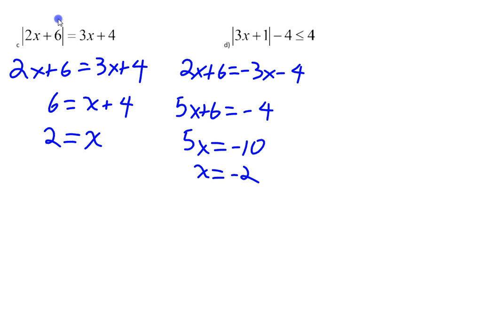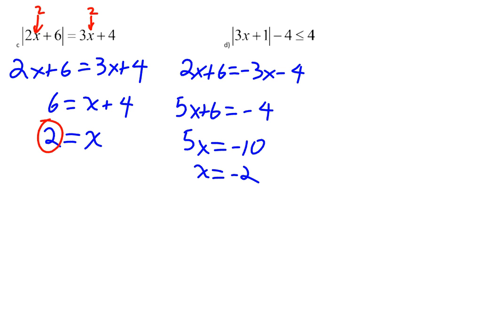Folks, be careful. I need to check and make sure that both answers work before I box them. If I plug a 2 in for this x here and for this x here, if you have an x on the outside of the absolute value, you've got to make sure that what you get is a true statement.